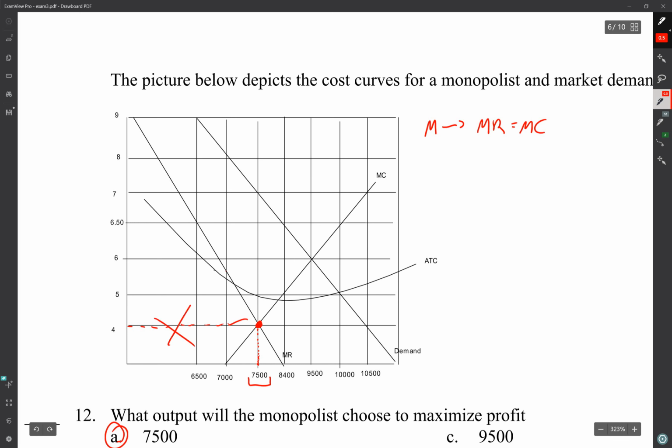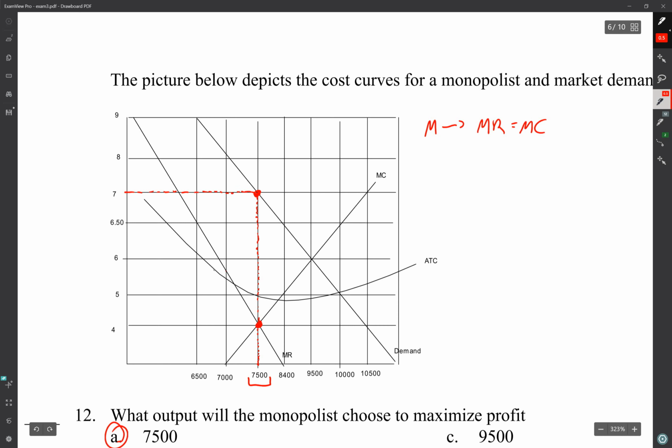We don't do that. Okay, and the reason is we are willing to pay a higher price than that as consumers. Okay, we get that from our demand curve, right?